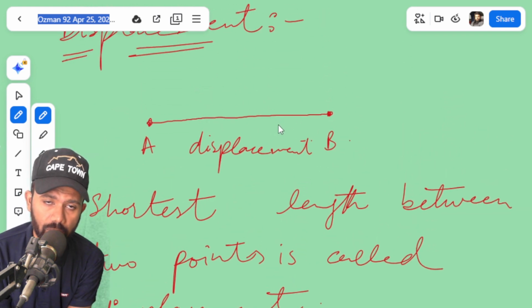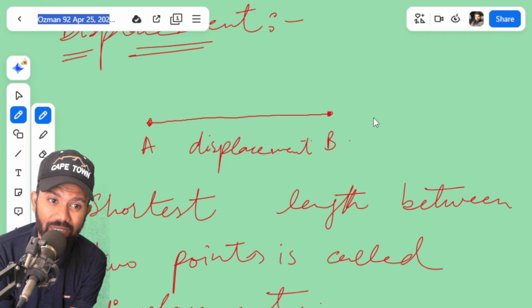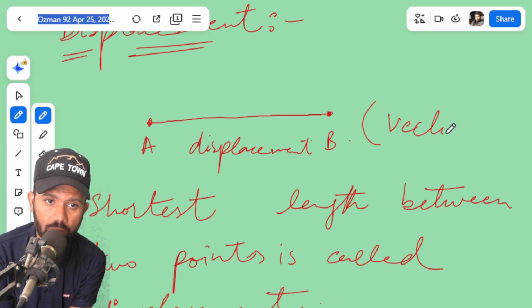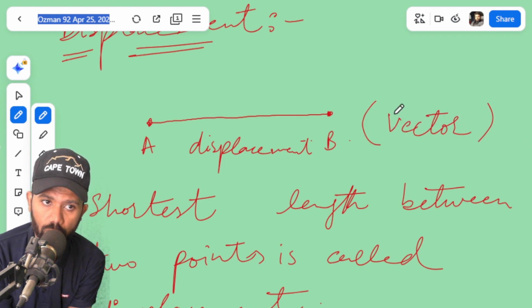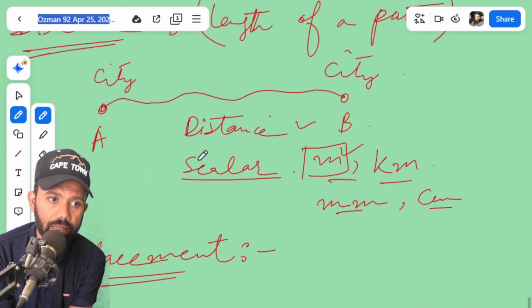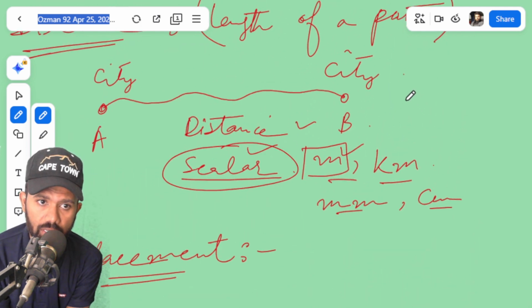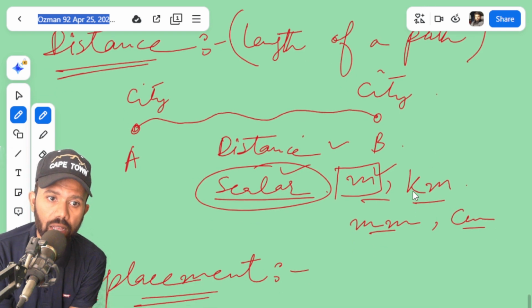So displacement is unidirectional. That's why displacement is a vector quantity. It is a vector quantity, and this is a scalar quantity, distance, right?